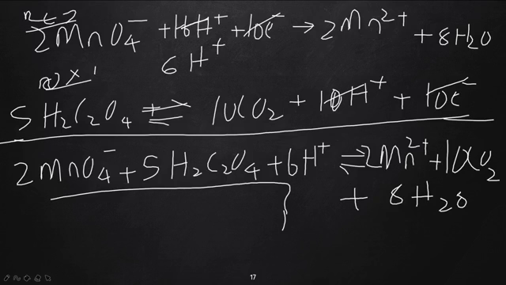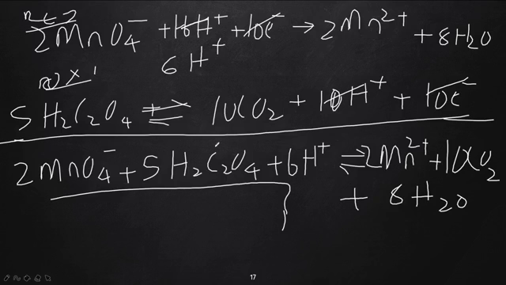Oxygen in water is 8 and oxygen in carbon dioxide is 20, so the oxygen is also balanced at 28. Next, the carbon in oxalic acid is 10, and the carbon in carbon dioxide is also 10. So those are balanced.